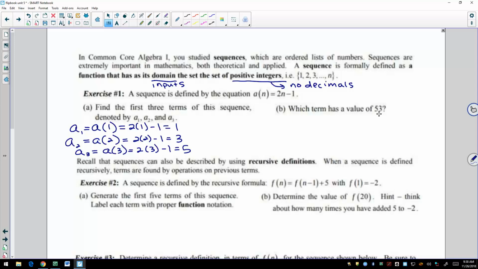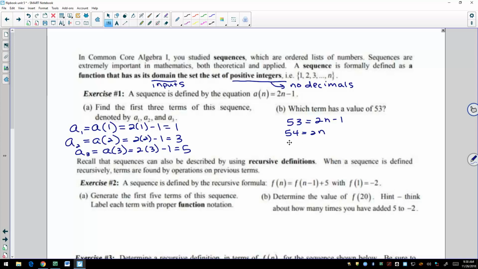Which term has a value of 53? So we know our result. We want to get 53. And I don't know which n, which term I'm going to plug in to find 53. So I don't know that. So I'm going to leave it as n. And now you're just going to solve for n. So add the 1 over to the other side.